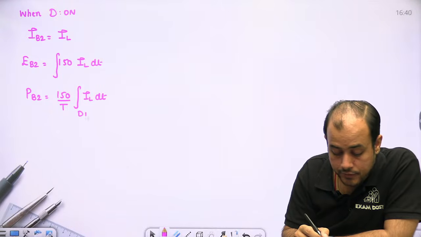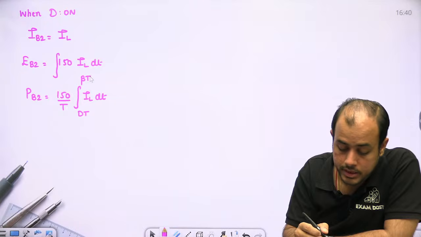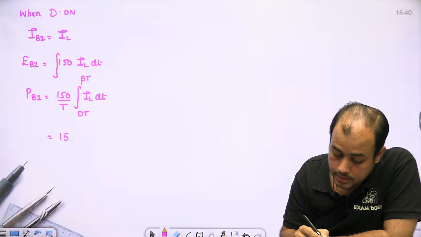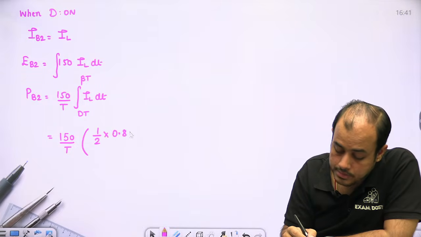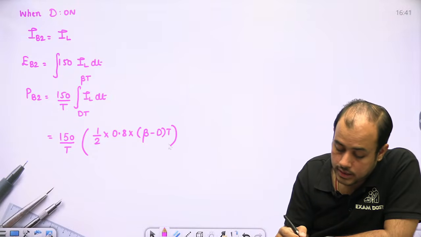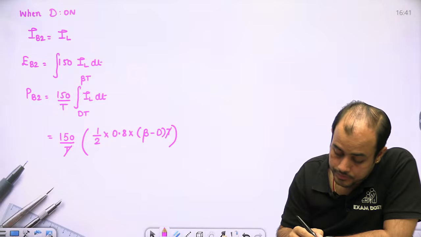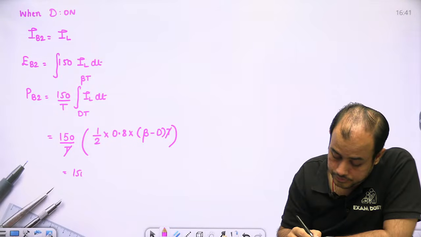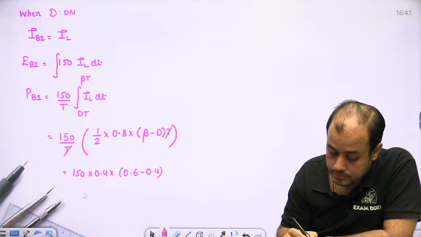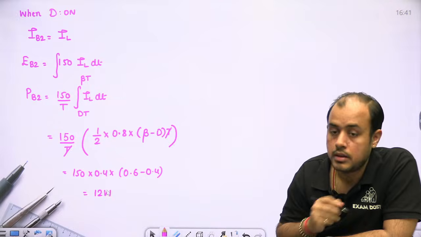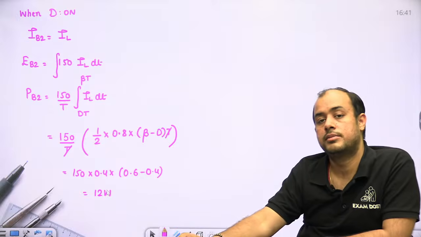But this will happen from dt up to beta t because during that time actually the power is absorbed by battery. So the maximum current is 0.8. I am taking the area of the triangle. 150 into 0.4. So answer will be 12 watt.